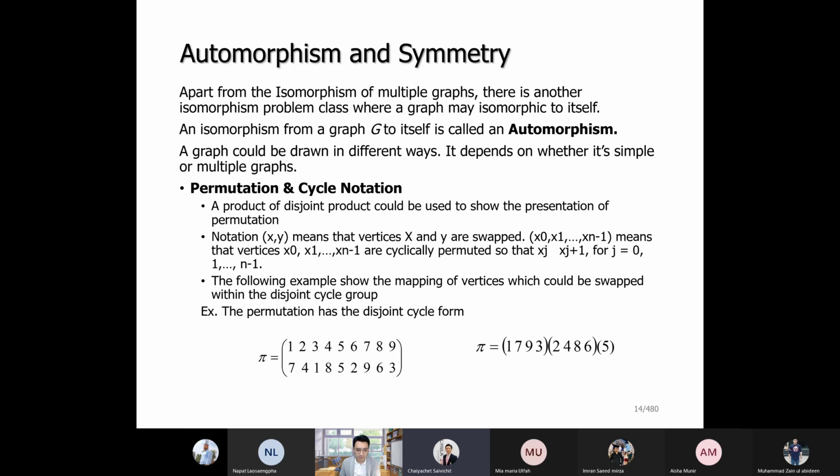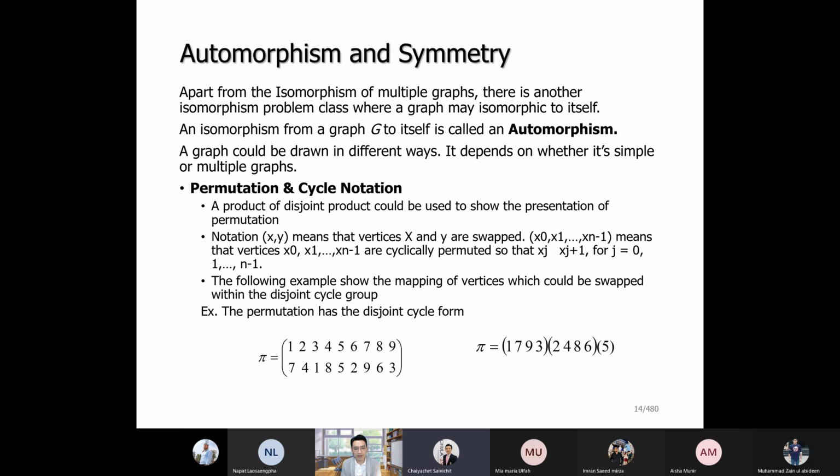Earlier we talked about having two graphs and checking whether they are the same, but here, if you have one graph, you want to find alternative ways of drawing it or alternative ways of assigning the labels to the graph.